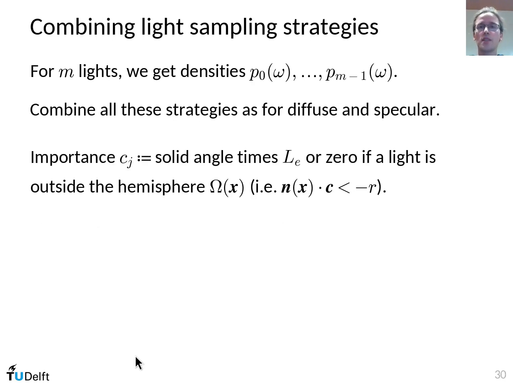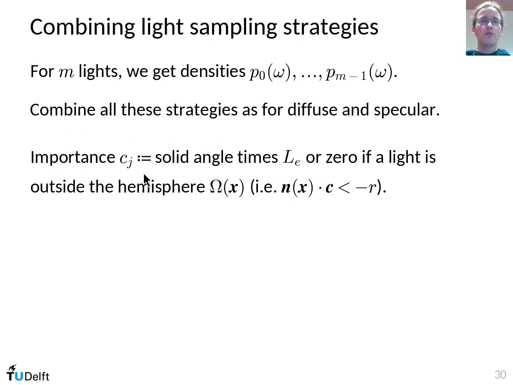Now we have a sampling strategy to use for one single spherical light source, but of course our scene has more than one light source, so we again have to combine different sampling strategies. We have one sampling strategy for each light source, each one with its own density, and we combine those in the same way as we saw before when we combined diffuse and specular sampling strategies.